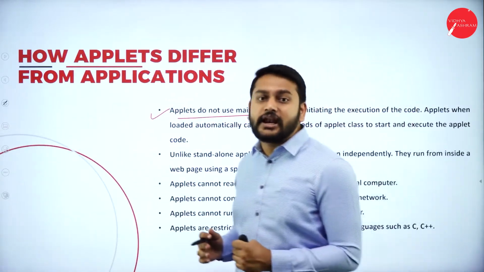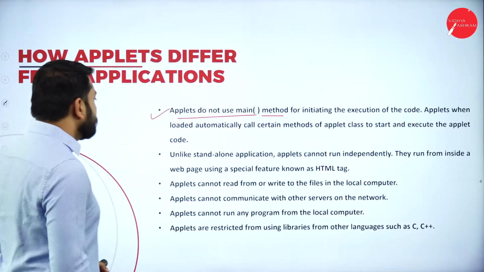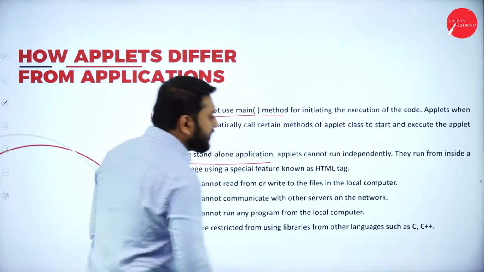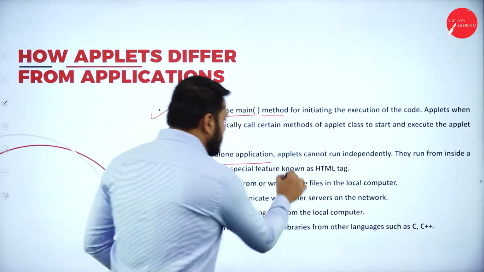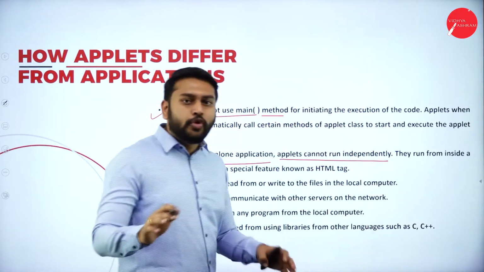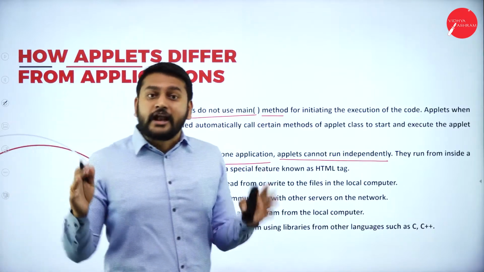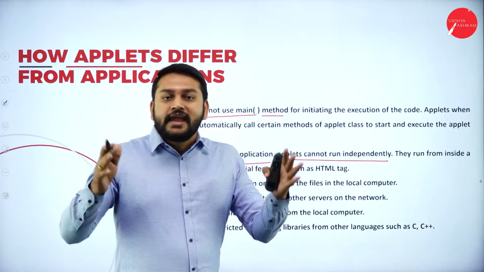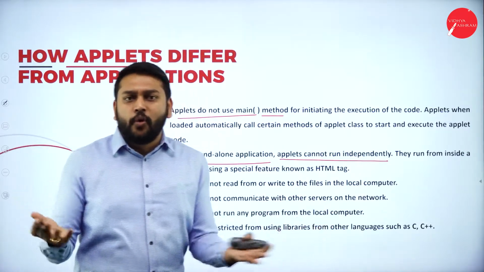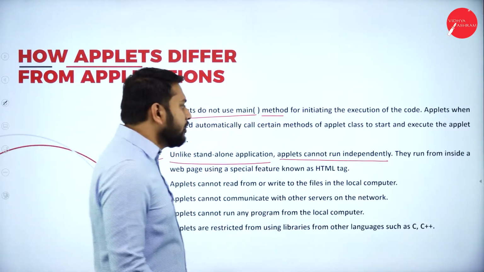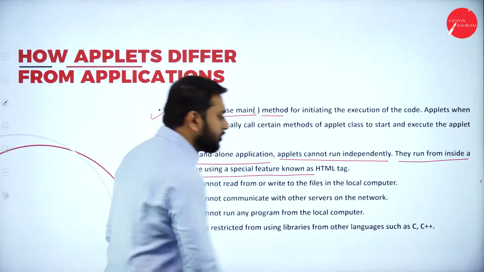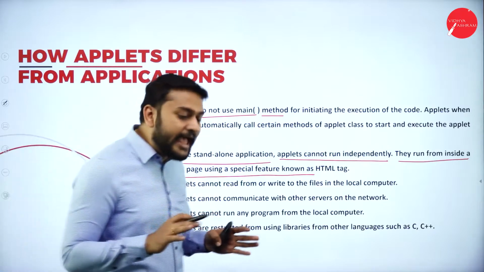Then what is the next thing that I have? Please observe, sir, unlike standalone applications, an applet cannot run independently. That's the most important point that you need to remember. So then what does it require? Please remember, they run inside a web page using a special feature known as HTML tags.